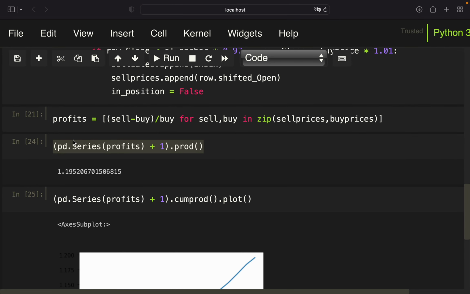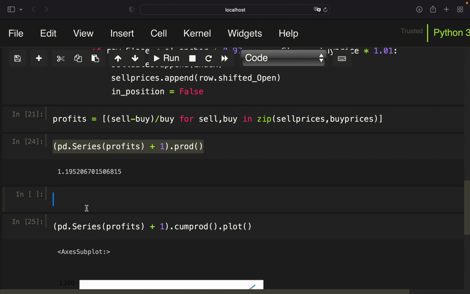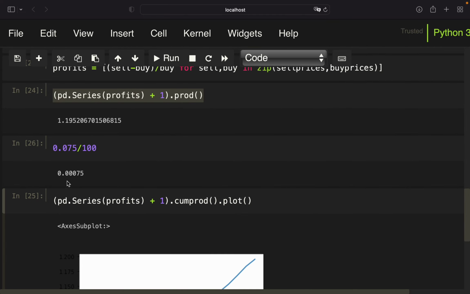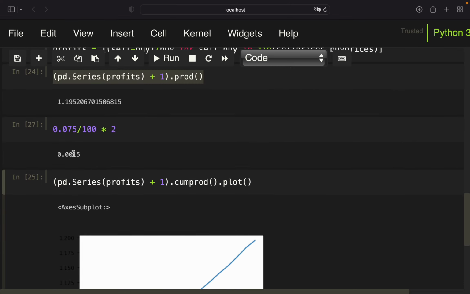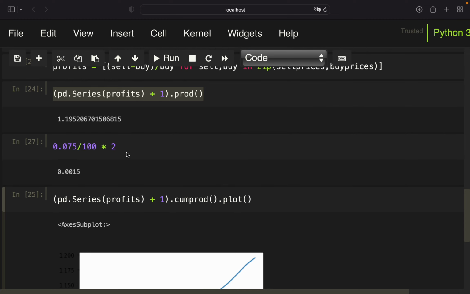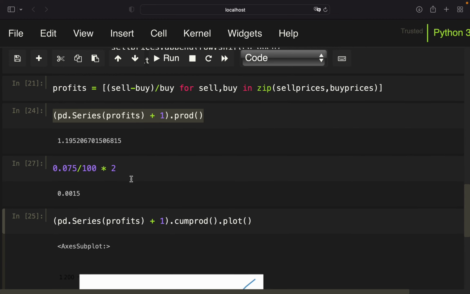So let's include fees here. So Binance is charging 0.075%. So it's charging 0.00075 per trade. So you have to multiply that with 2 to get the real transaction costs here, right? So we have to subtract 0.0015 from each profit here.